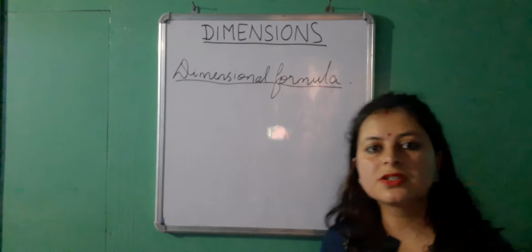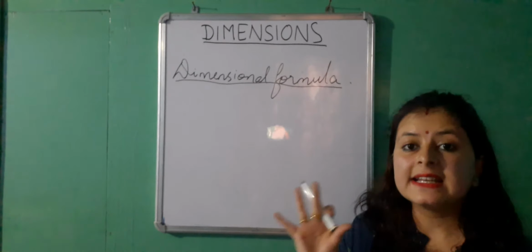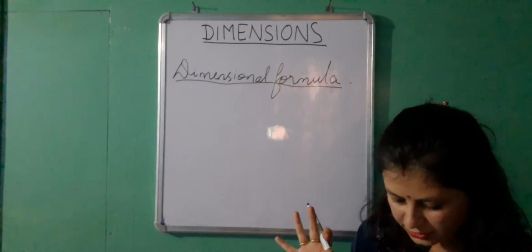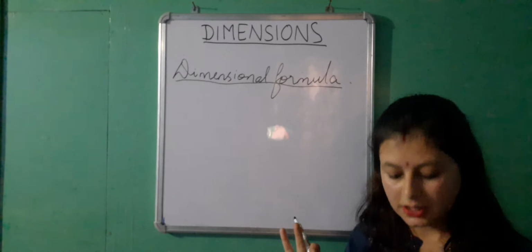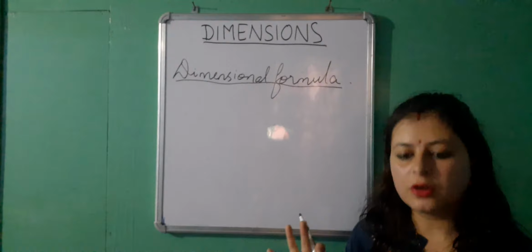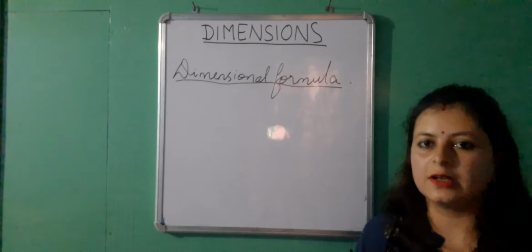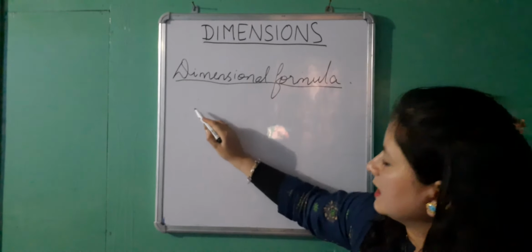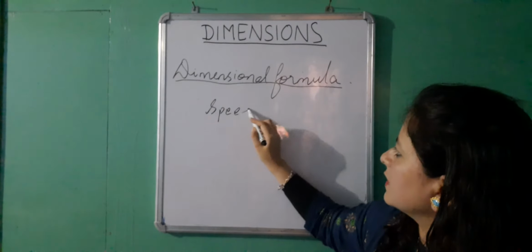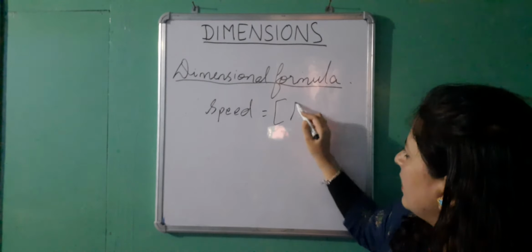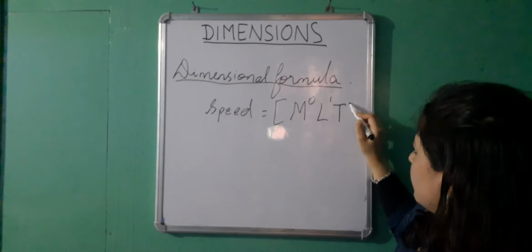Now coming to dimensional formula, as I told you with the example, the formula is the expression showing the powers to which the fundamental units are to be raised to obtain 1 unit of the derived quantity. That is called the dimensional formula of that physical quantity. So if I take speed, the dimensional formula for speed is M raised to the power 0, L raised to the power 1, T raised to the power minus 1.